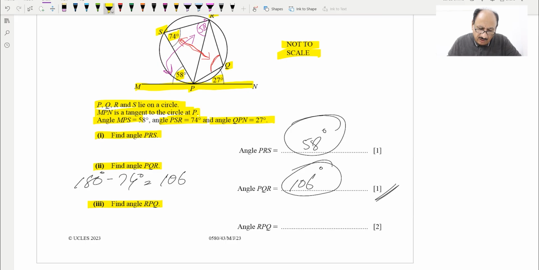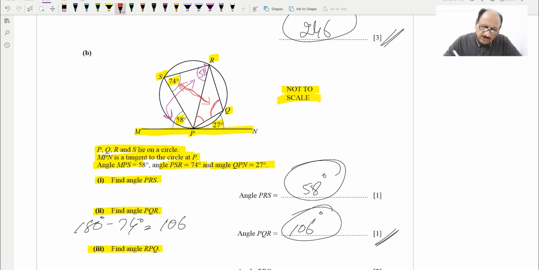Find angle RPQ. This angle is required, which is RPQ. The angle from here till here is equal to this angle, which is 74.